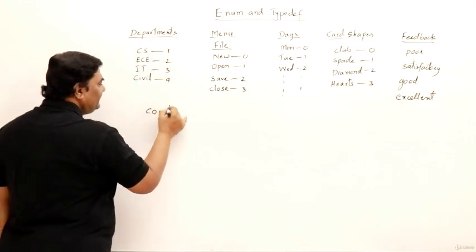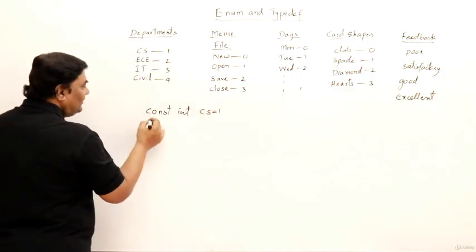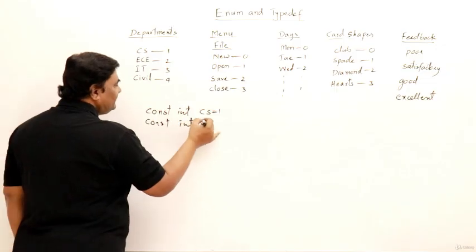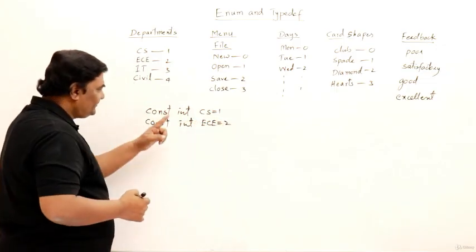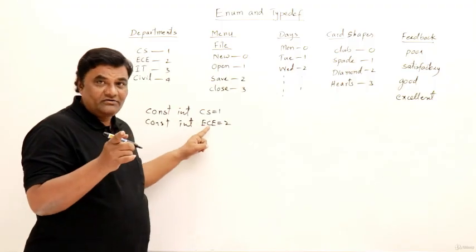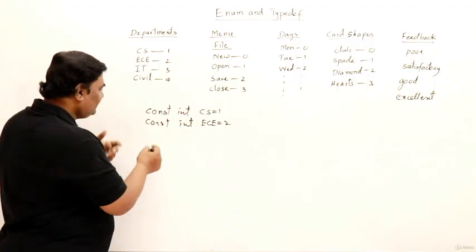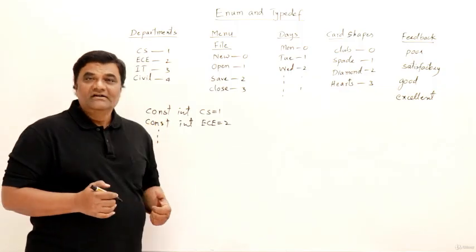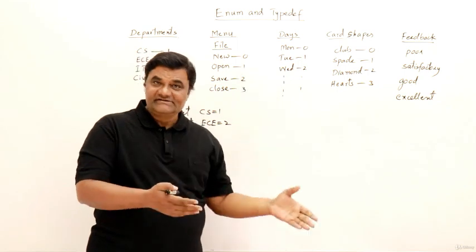I can say const integer CS is 1 or const integer ECE is 2. Now whenever you say ECE, it's not a string now, it's a constant, it's a value 2, right? Like this for the other two also we can do this. So if there are 4, I can define 4 constants. If there are 10, I can define 10 such constants.